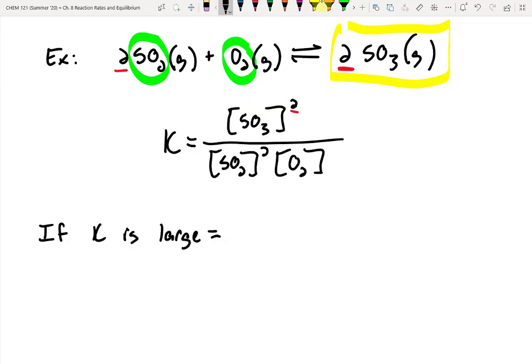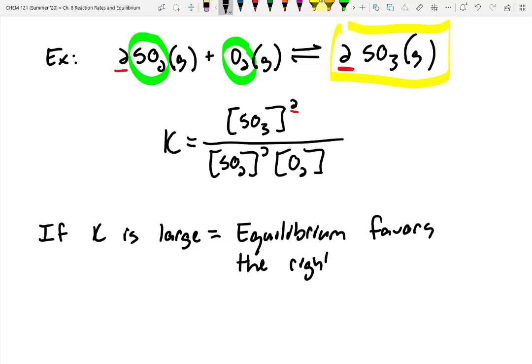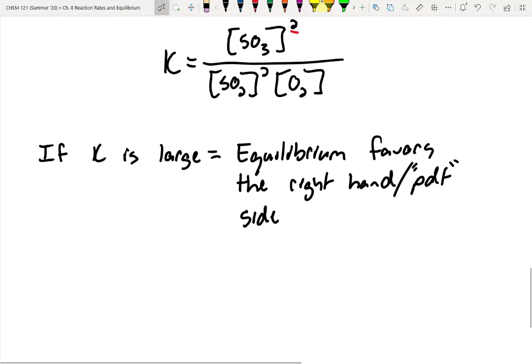Conversely, what that means is that the equilibrium favors the right-hand side. And I'm going to put product in here. I don't really like calling it the product side, but we're used to seeing products on the right-hand side anyway, so I call it the product side.